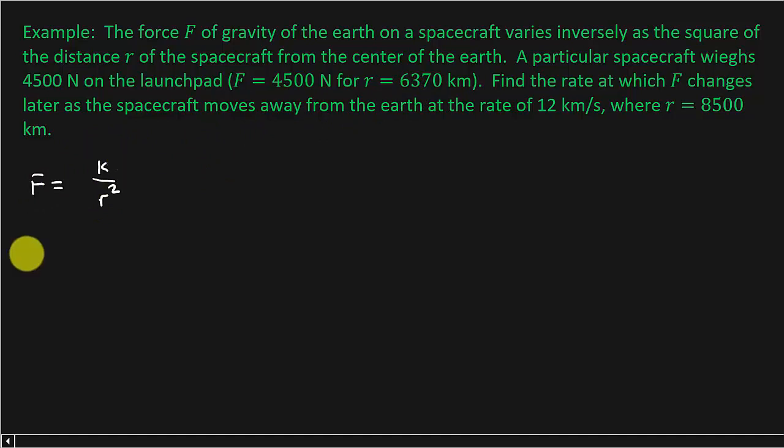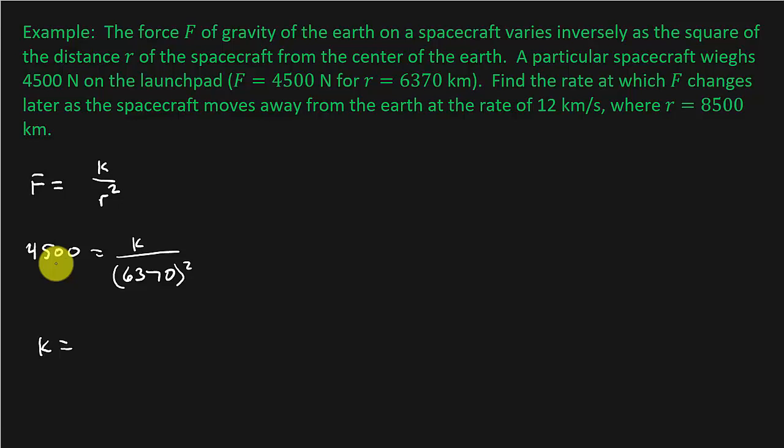So let's do that. I've got 4,500 is equal to K over 6,370, and that's actually squared. So K is equal to, we're going to multiply this to that, and that's going to be a huge number.